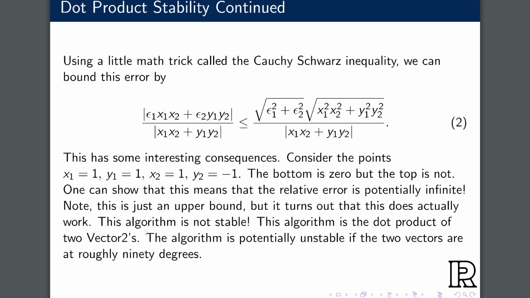And the instability happens if your two vectors are at roughly 90 degrees from each other. So this is something you genuinely do have to avoid. If you're taking a lot of dot products in a computation, you should be scared that it might be unstable, and you should be justifiably scared because there are actual practical cases where it is.